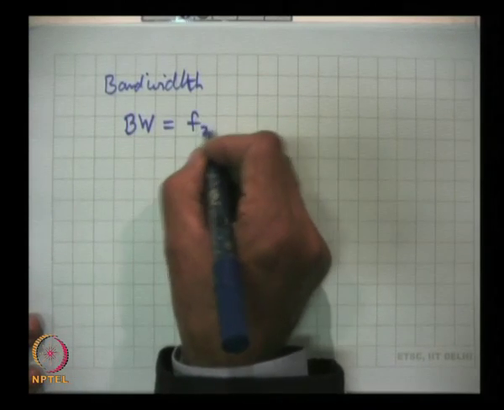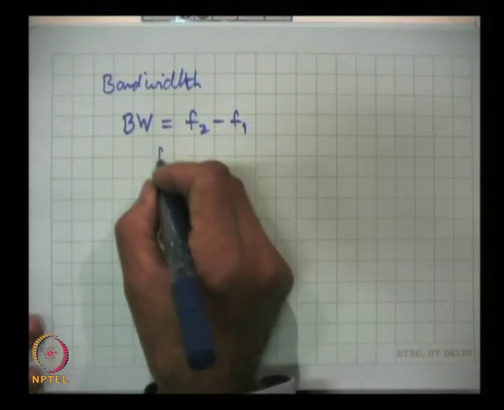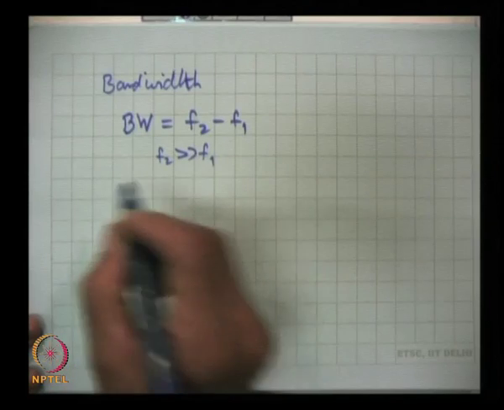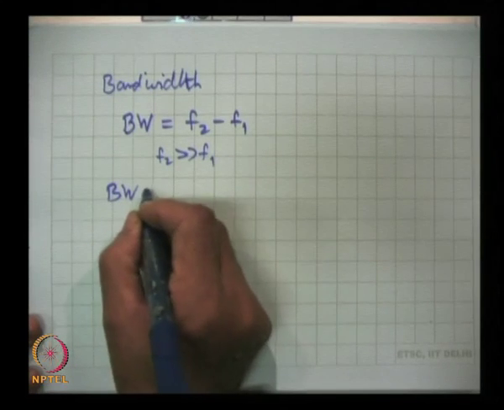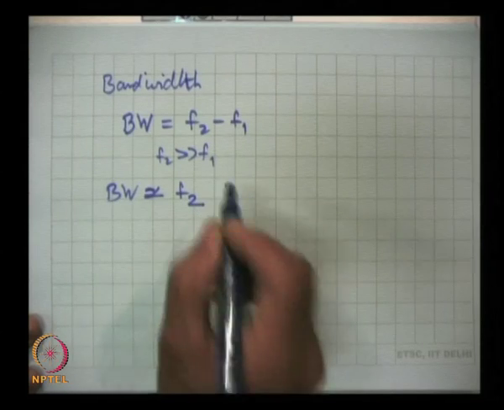This is actually F2 minus F1, but under the condition that F2 is very large compared to F1, bandwidth is often taken as almost equal to F2.